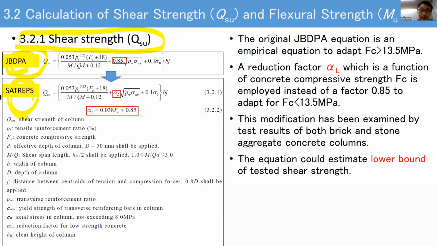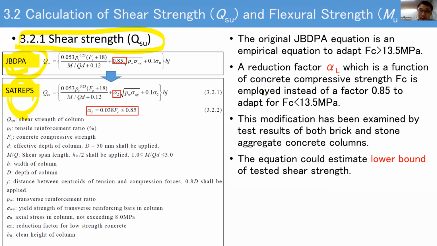The original Japanese equation is an empirical equation to adapt concrete strength larger than 13.5 megapascal. In this project, a reduction factor alpha L, which is a function of concrete compressive strength FC, is employed instead of a factor 0.58 to adapt for concrete strength smaller than 13.5 MPa.